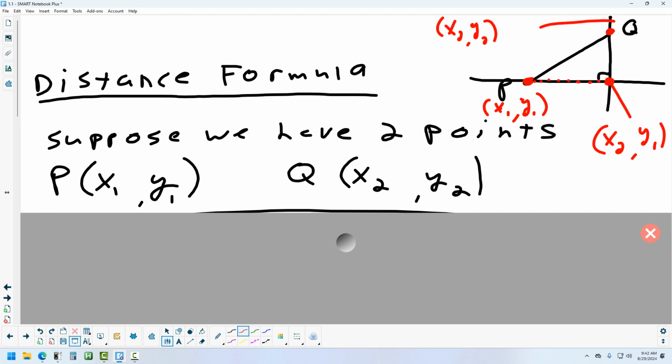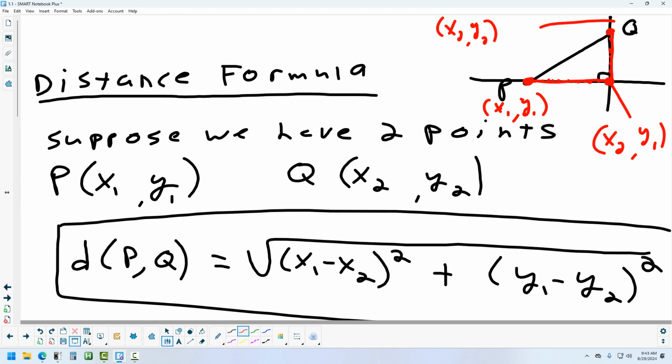Or x2 minus x1, it doesn't really matter which way we do it, but you need to subtract. x2 minus x1 gives you the distance from here to here. How about the distance from here to here? That'd be y2 minus y1. So now you've got this distance and this distance, just fill them into the Pythagorean theorem.